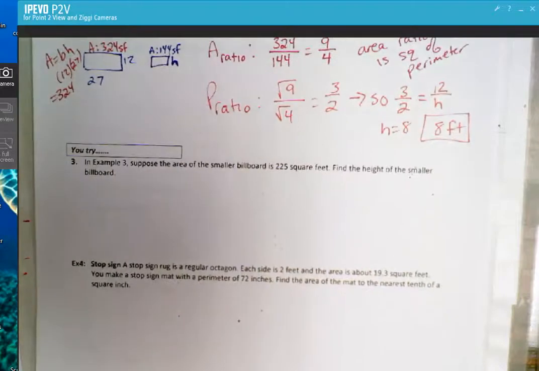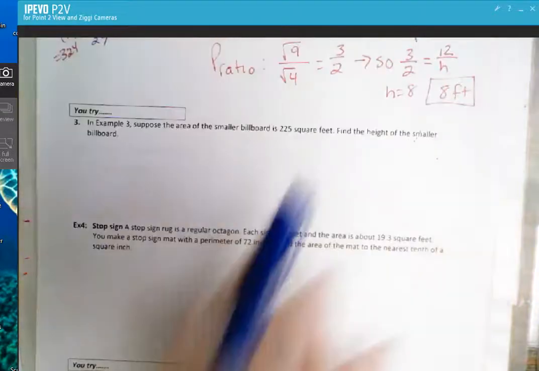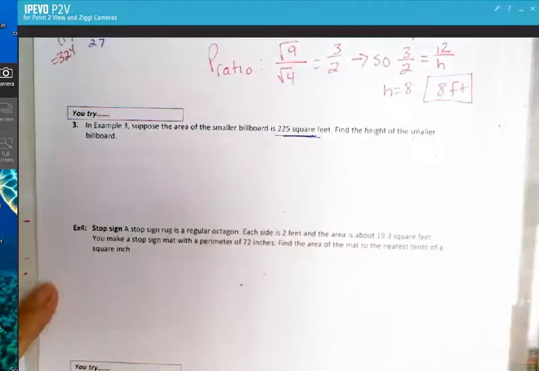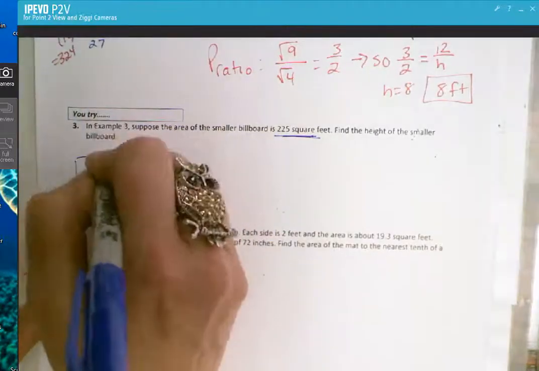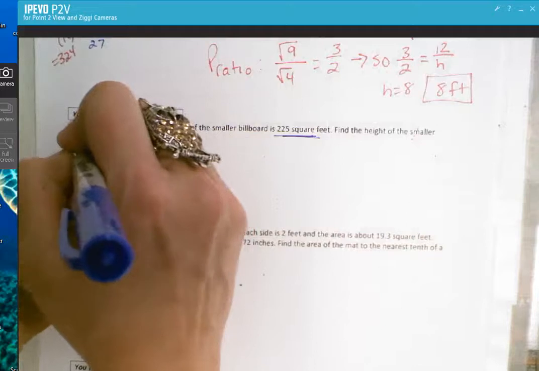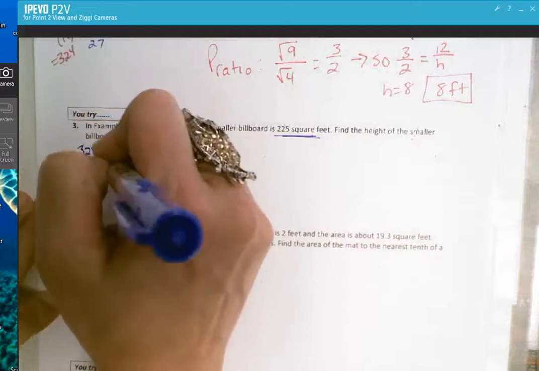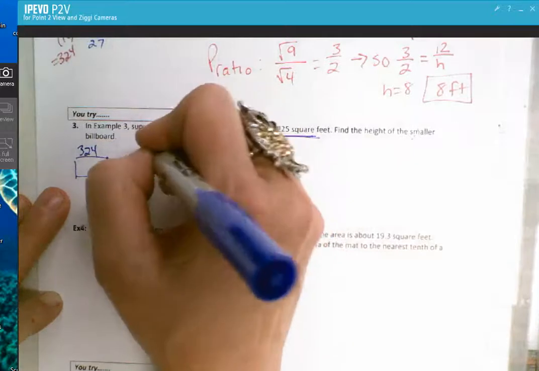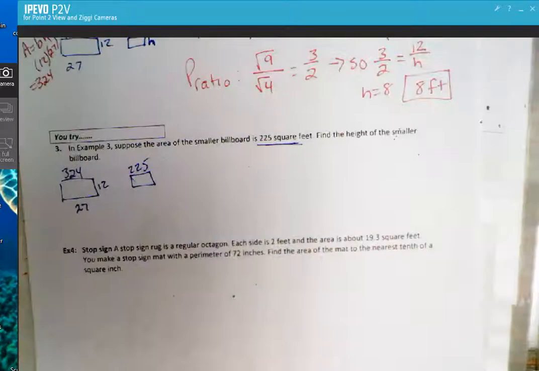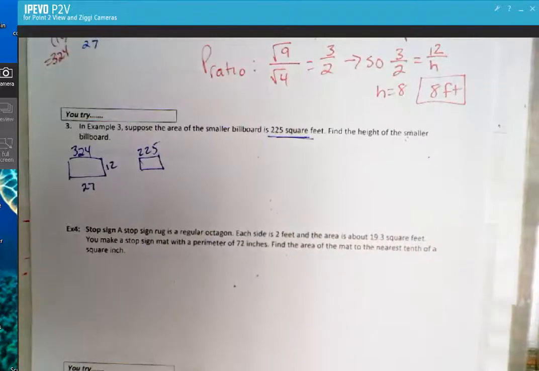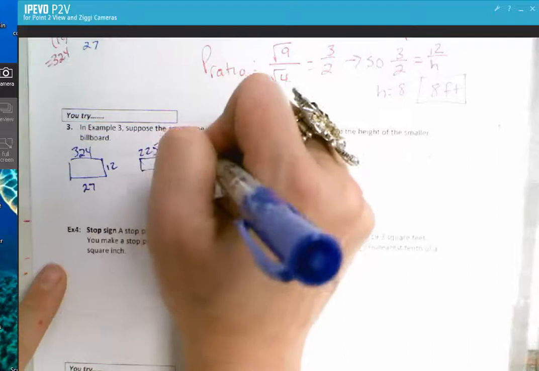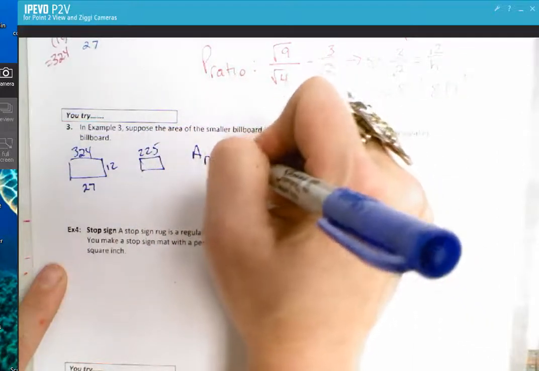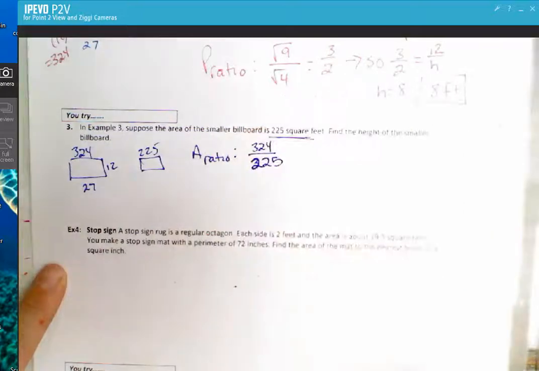Alright, let's do these Try It problems together, and let's talk about them. Suppose the area of the smaller billboard is 225. So I still have a big billboard of 324, 27, and 12, and they're changing it up, and the smaller one, instead of being 144, is 225. So my process is going to be the same. I still have to set up my area ratio: 324 is to 225.